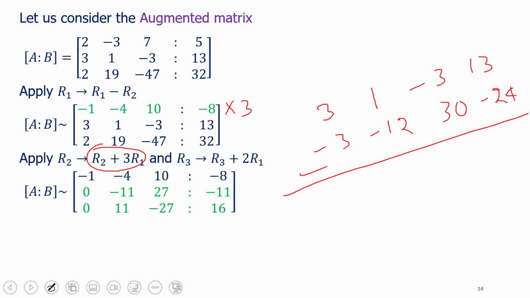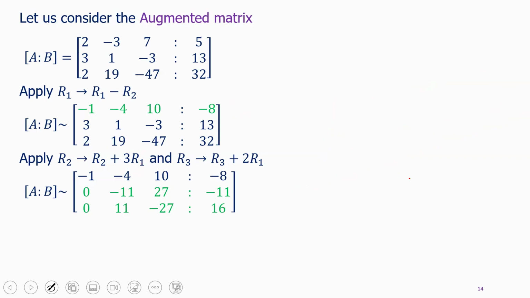Let me subtract it. Oh, sorry, we are adding over here, not subtracting.